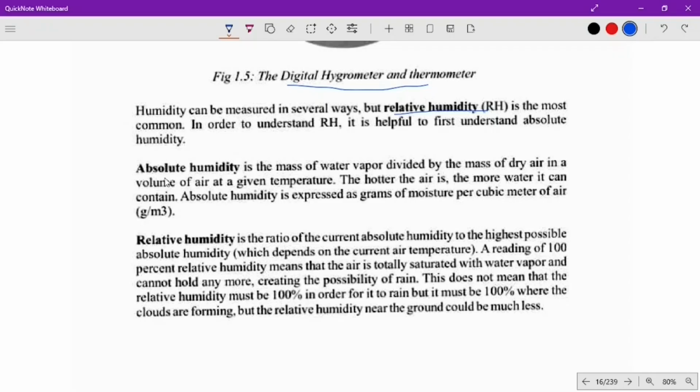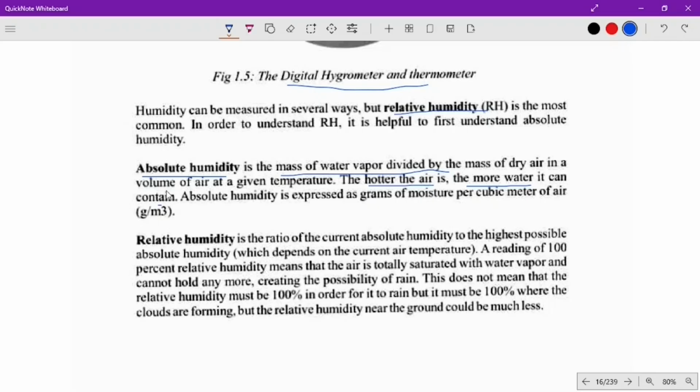So what is absolute humidity? This is the mass of water vapor divided by the mass of dry air in a volume of air at a given temperature. So, right, it's a little bit of math, but it is quite easy to understand. If air is hot, then the more water it can contain.